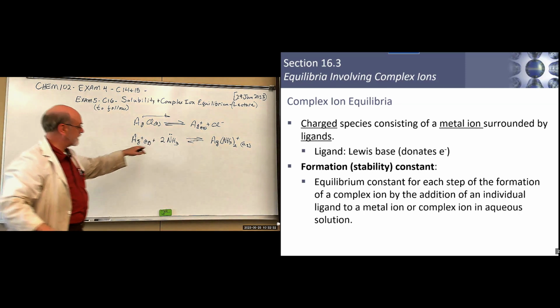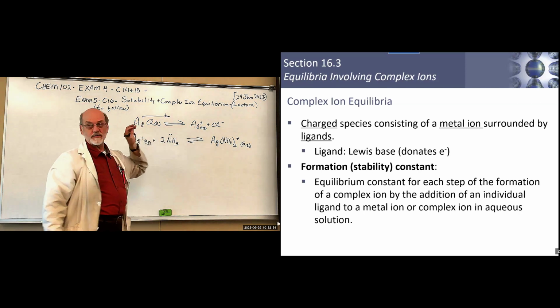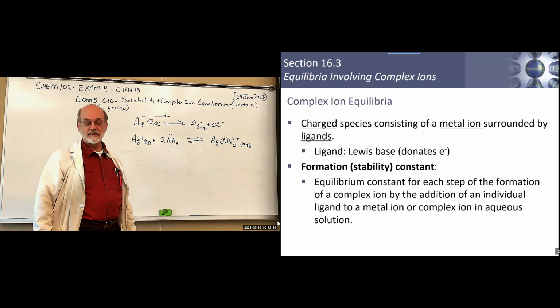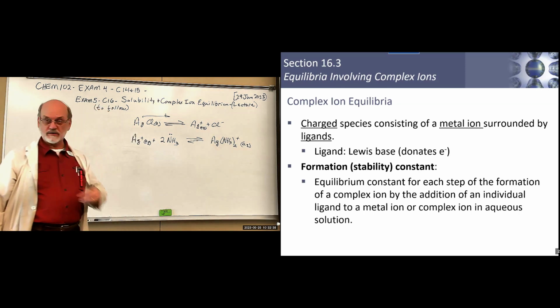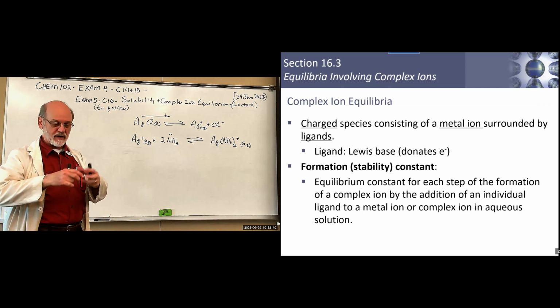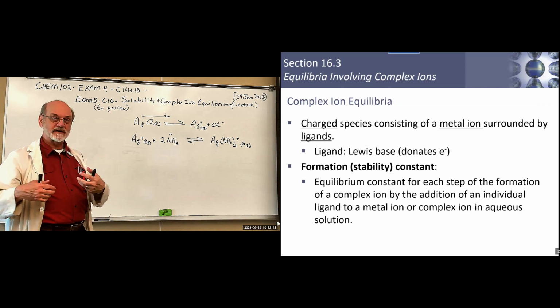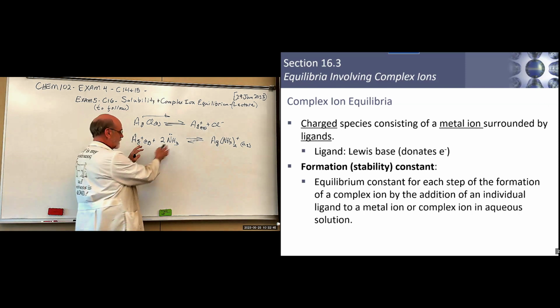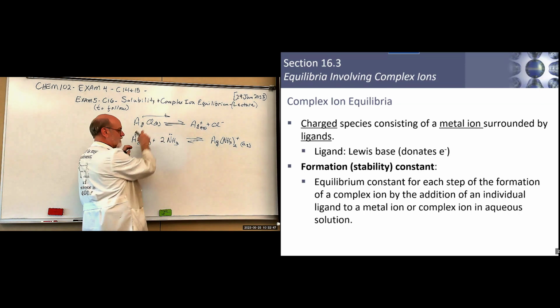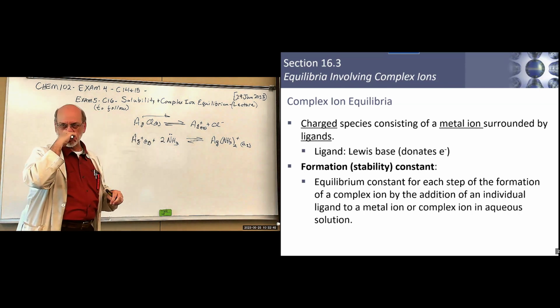And if you get enough of it in there, you can completely dissolve silver chloride, get it in solution. Right? And that's what we're going to do when we set up our solution before we titrate it. We're going to add enough ammonia that we get all of that silver chloride in solution.